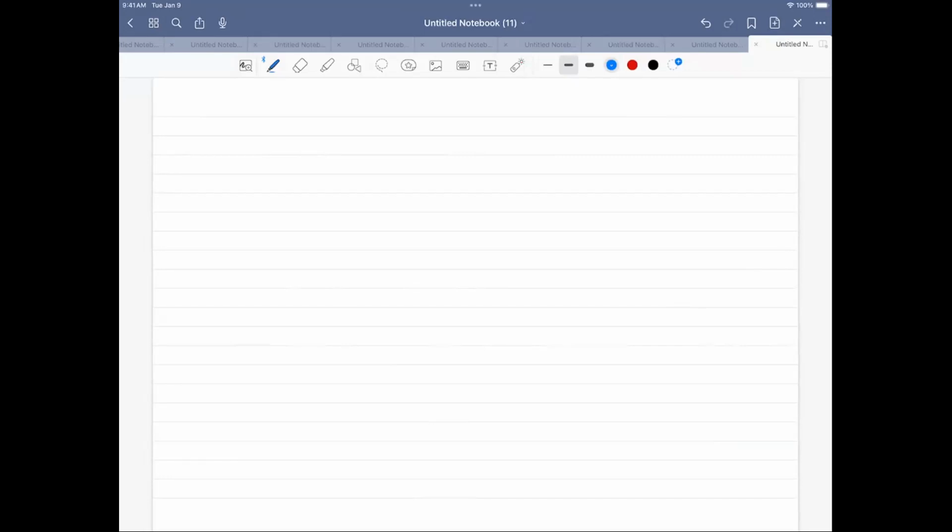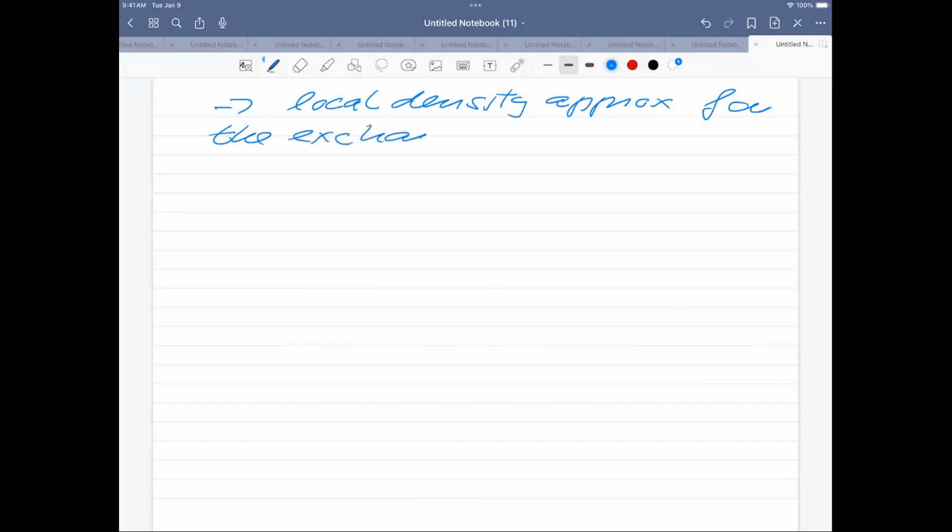And that's why this is normally called a local density approximation, which we are coming back to. So that leads to what's called a local density approximation for the exchange energy. And we are coming back to the way we're going to use that one a little bit later.